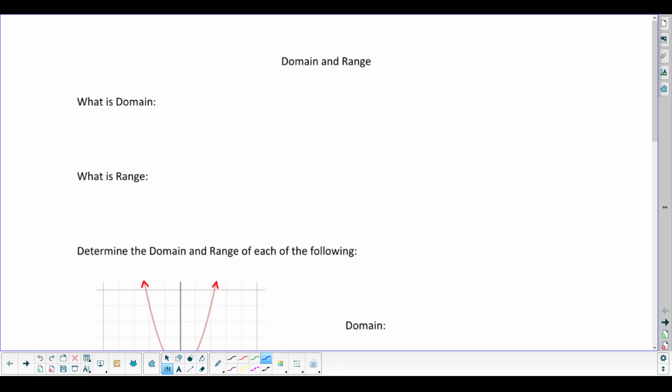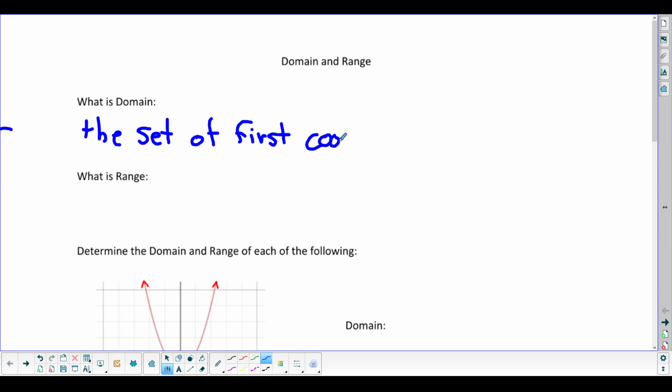Looking at domain and range, the domain is a list. It's what in mathematics we call a set. It's the set of first coordinates.